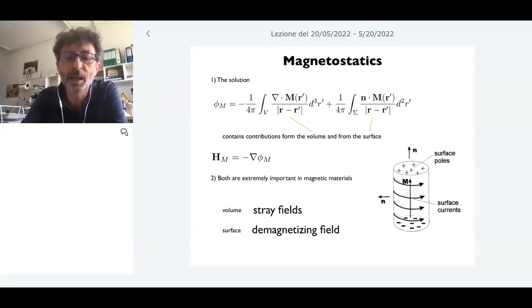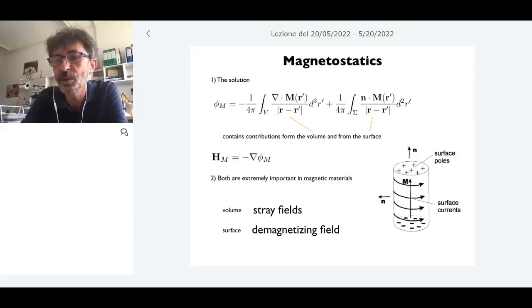In that place, it's the only place where these magnetic charges are present. These surface poles could be called that. So the description is exactly the same as a charged capacitor, and the consequent H field can be derived by the equation that we have shown before.